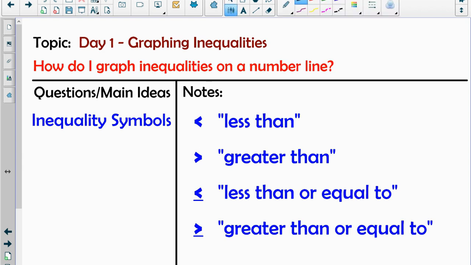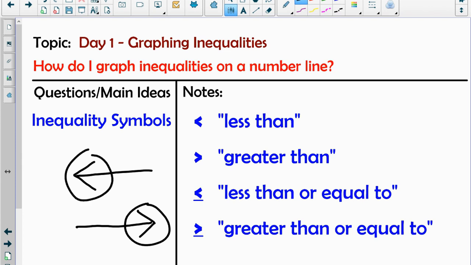Like if I were to draw an arrow, I would put a less than symbol if it's pointing to the left. Or if I draw an arrow pointing to the right, that would be a greater than symbol. Okay, so think about the end of an arrow and helping us decide what's less than, what's greater than.